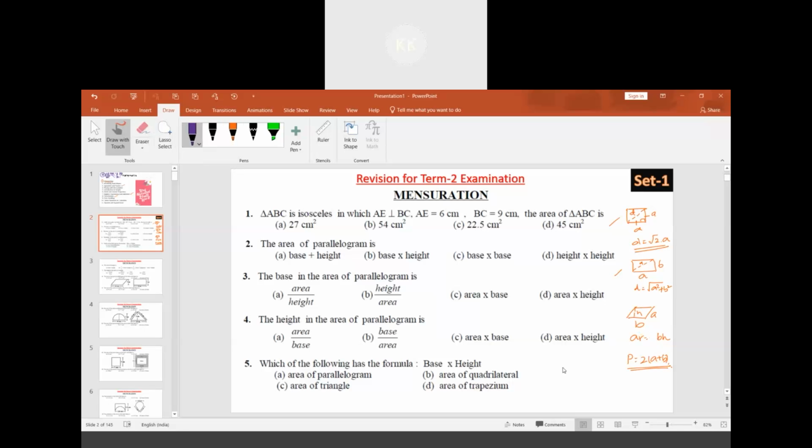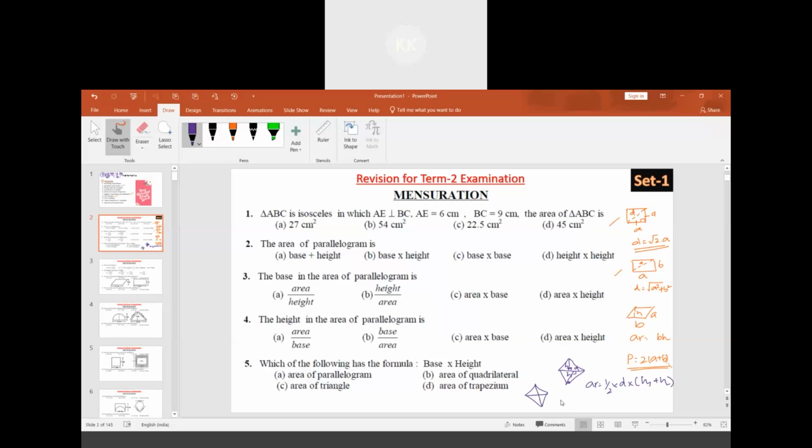After this, we had a general quadrilateral. For a quadrilateral, they should give you a diagonal and the two altitudes. If h1 and h2 represent the altitudes and d is the diagonal, area is given by half into diagonal into sum of the altitudes. This is another formula. After this, we had a rhombus.